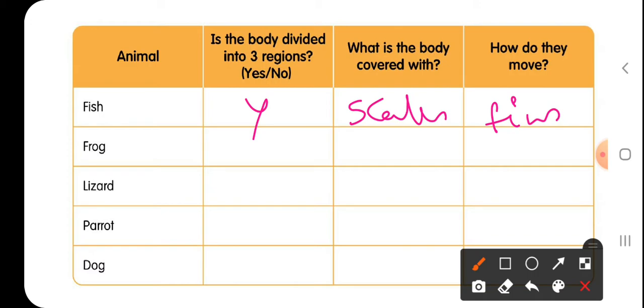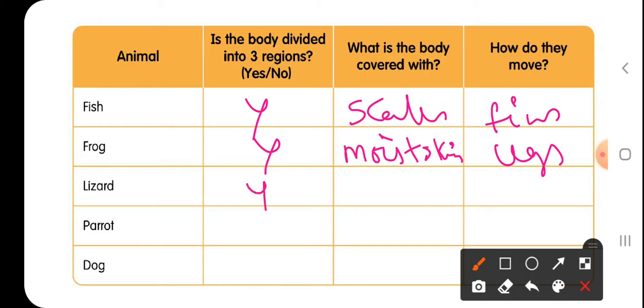Whereas when you will see the frog, the body is even covered with 3 regions. So what is the body covering here? The body covering is moist skin. How do they move? With the help of their legs they will move. Whereas a lizard, it too has 3 body parts in it.